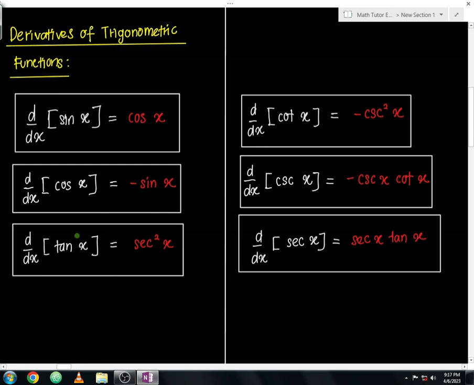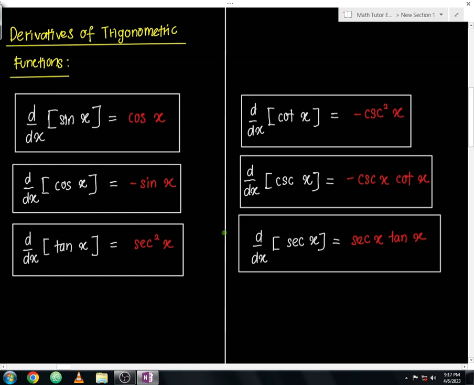Basically, tangent x is sine x divided by cos x, and when you differentiate it, it involves some calculations, and that's how it leads us to secant square x. Just to make it short, you can understand that when you differentiate tangent x, you should get secant square x. So this is for the left side formulas.